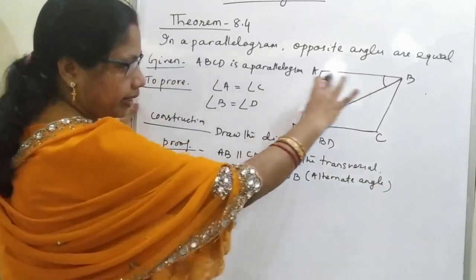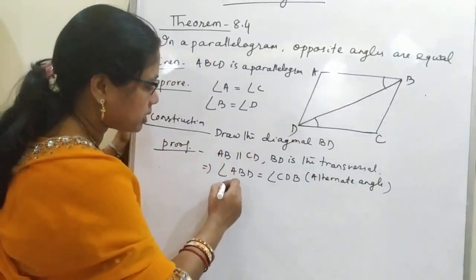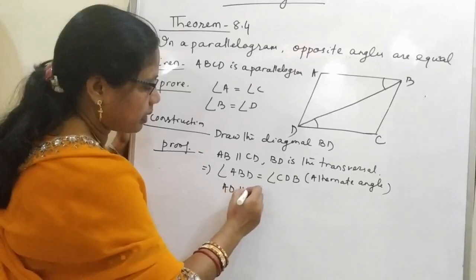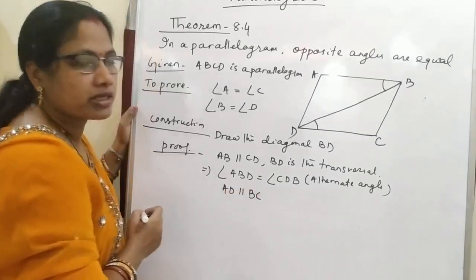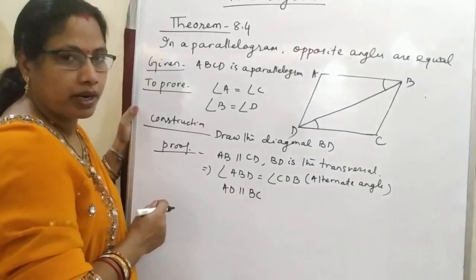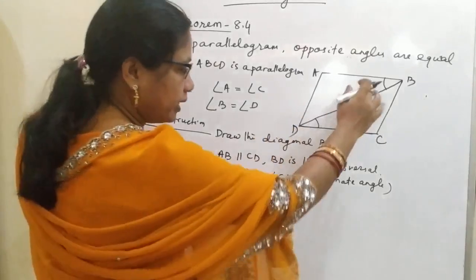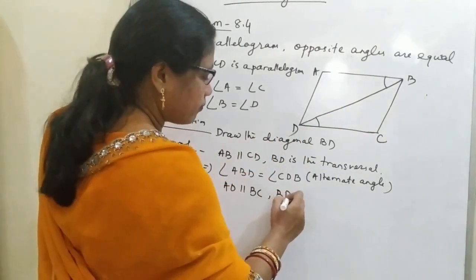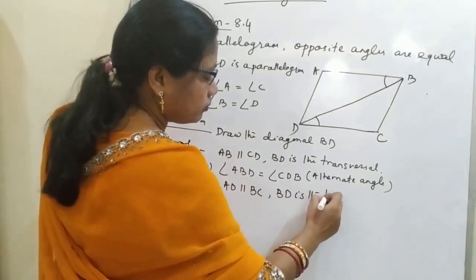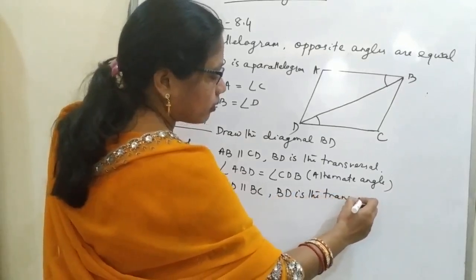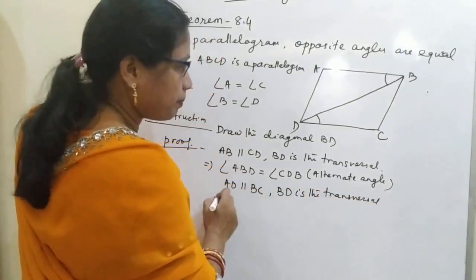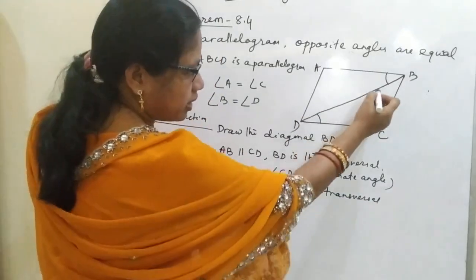Again, AD is parallel to BC, because in a parallelogram opposite sides are parallel to each other, and BD is the transversal. So this implies these two angles are equal.